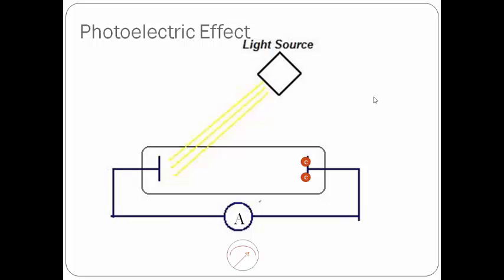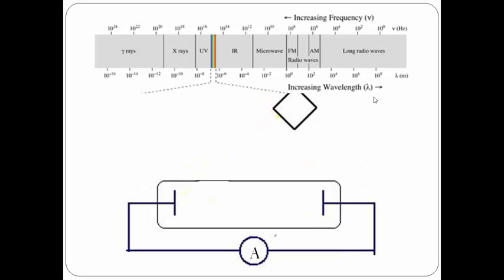What was observed further was that when the frequency of the light was changed, let us say we start at the extreme around further beyond long radio waves here, and as we move towards increasing the frequency, that is towards microwave, infrared waves, no current was observed.